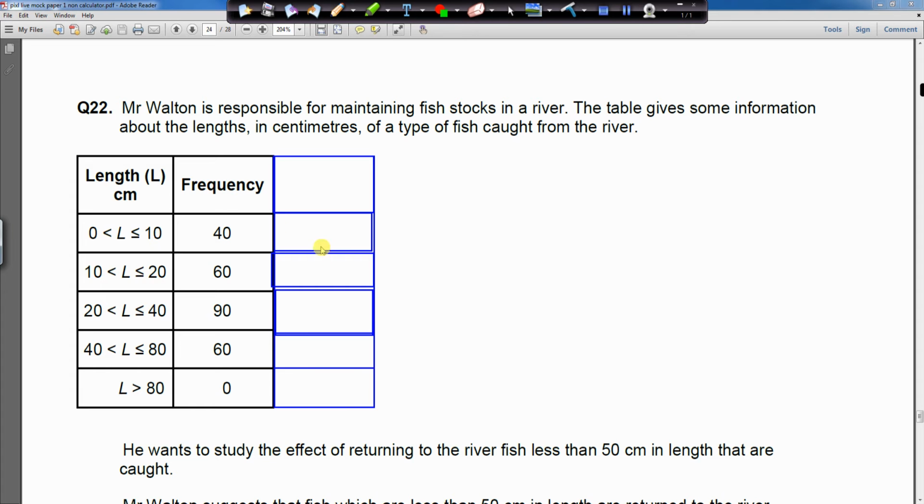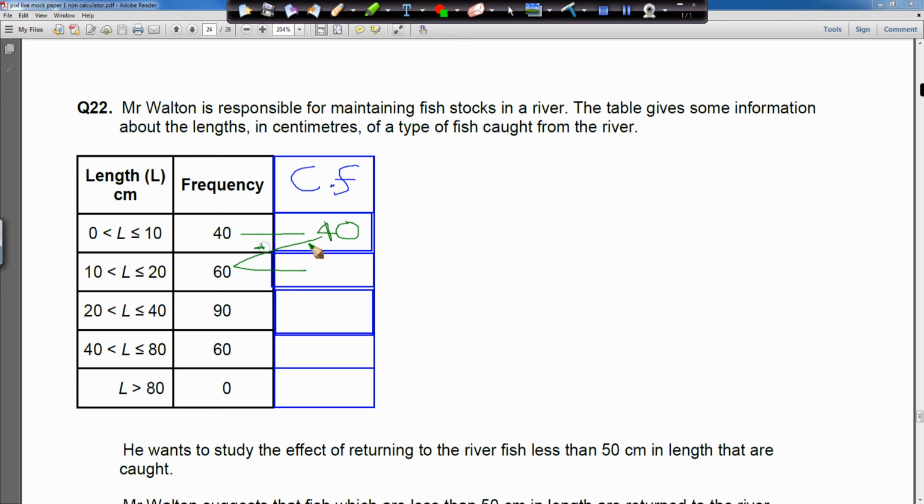Okay, right. What we're going to do in this box over here is the cumulative frequency. Let's change to a big CF for cumulative frequency. So what we do when we do cumulative frequency, we need to look at the first number here that goes across. 40 is the first total. Remember, cumulative frequency means running total. So now we have to add the 60.